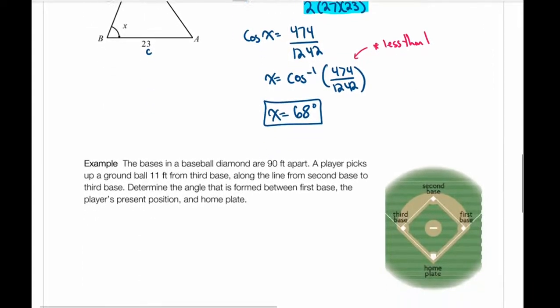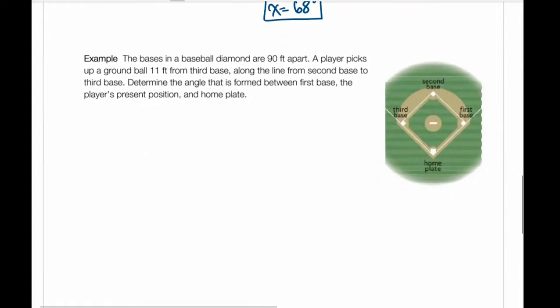Moving on to our last example, we're going to look at a word problem that's going to require us to apply a few different concepts. The bases in a baseball diamond are 90 feet apart. So I'm going to go through this step by step. So when we label 90 feet apart, each white line is 90 feet from base to base.